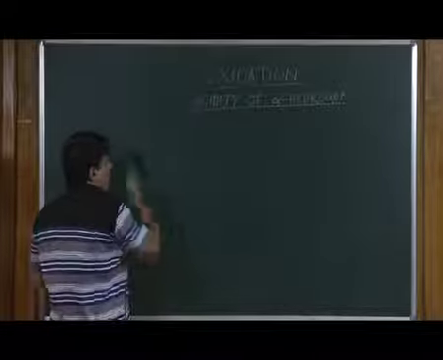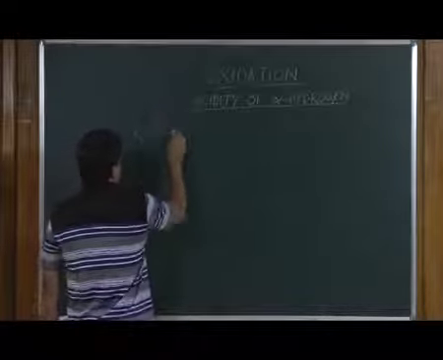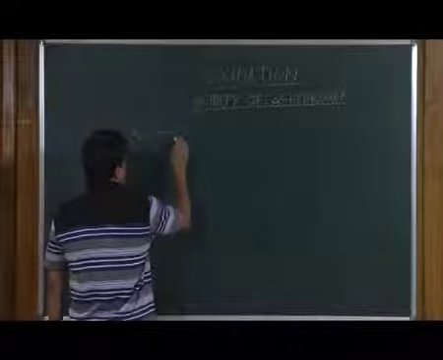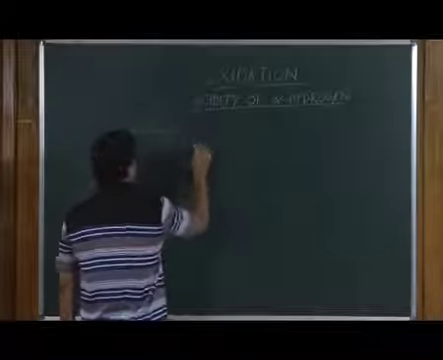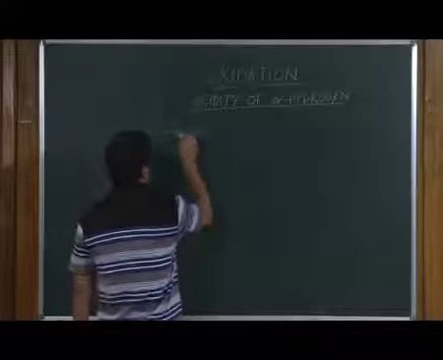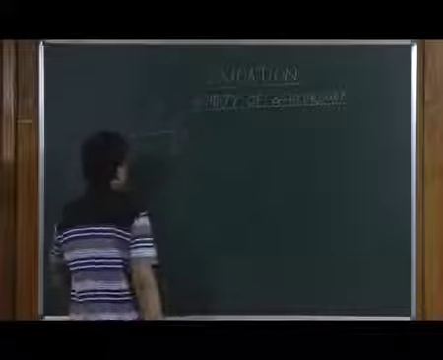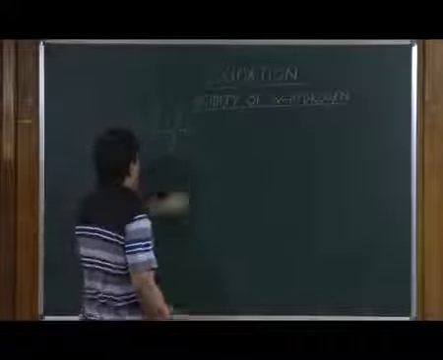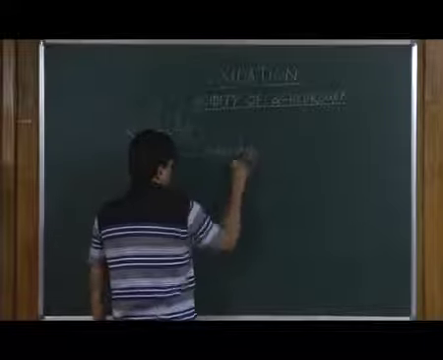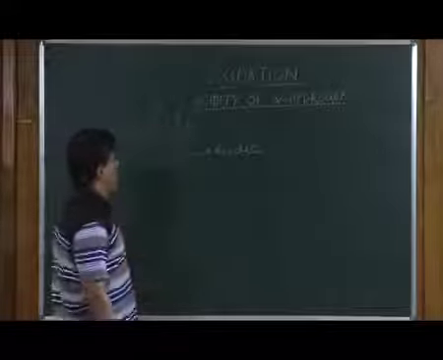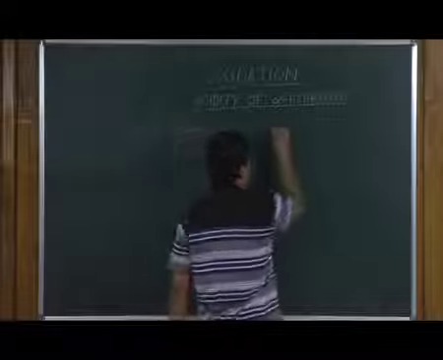So, carbonyl compounds which have alpha hydrogen, it can be like this also, that hydrogen. So, this hydrogen is acidic and it is due to two reasons. One is that the electron withdrawing carbonyl group is there.